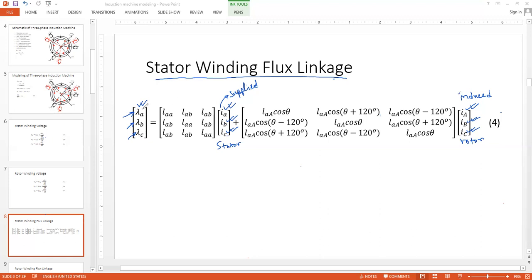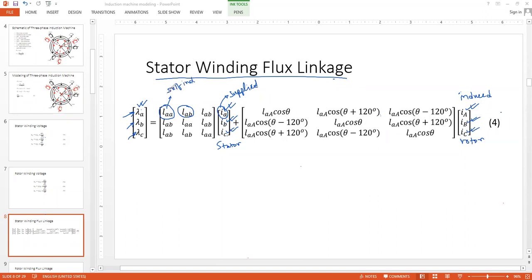Let's start with lambda A and IA. This LAA is the inductance by which lambda A gets its fraction from IA. LAA is the self-inductance for coil A in the stator.